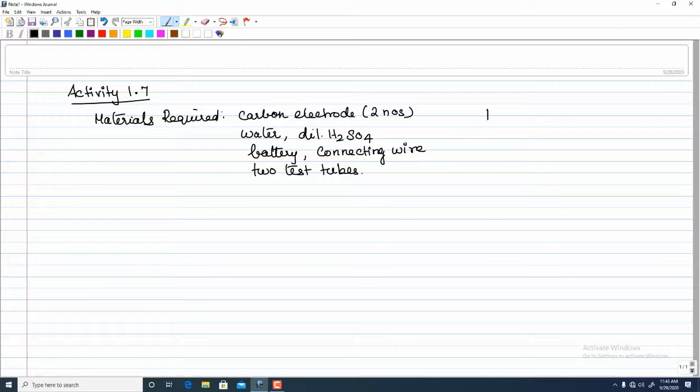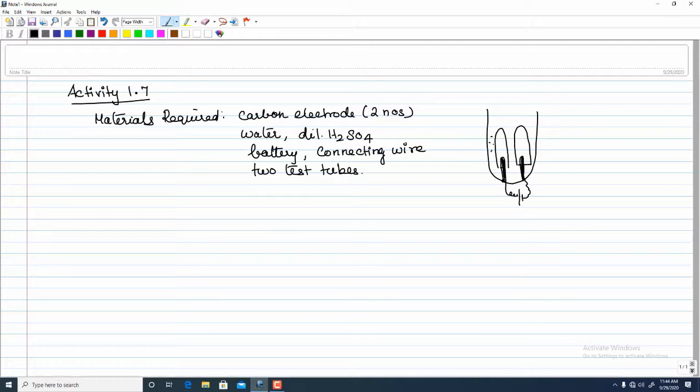What is actually happening is you are taking a plastic mug and making 2 holes. Through one hole one electrode is fitted and in the other hole one more carbon electrode is fitted, and these 2 are connected to a battery, and upside down you are inserting 2 test tubes.